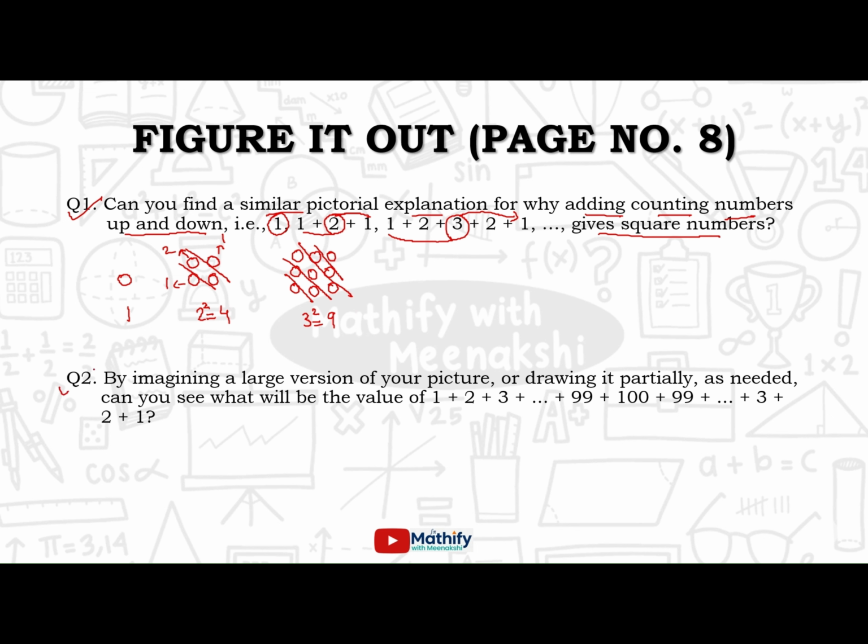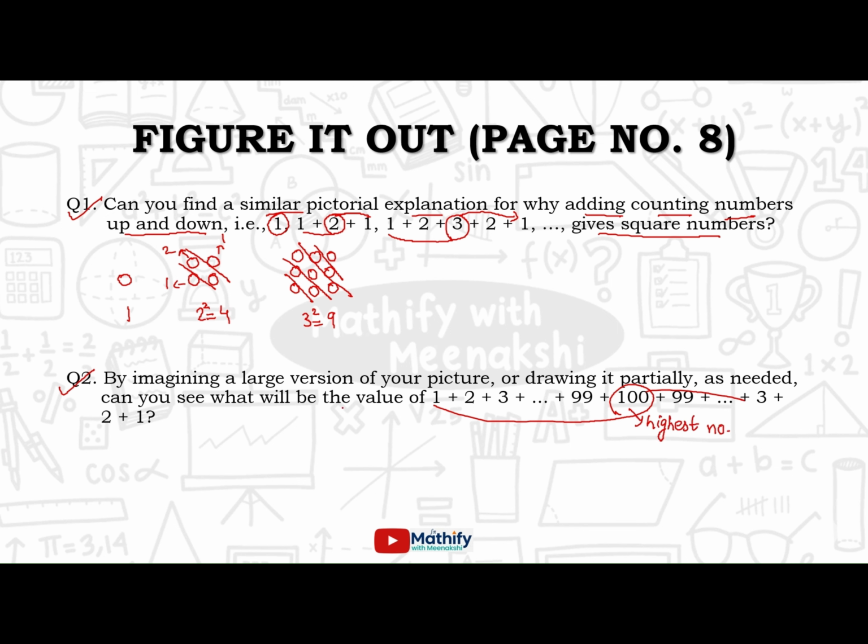Let's move to question number 2. By imagining a larger version of your picture or drawing it partially as needed, can you see what will be the value of 1 plus 2 plus 3 up to 99, then 100, and then down to 1? As I told you, whenever it's counting up till 100 and then down till 1, you have to always see the highest number. Here the highest number is 100.